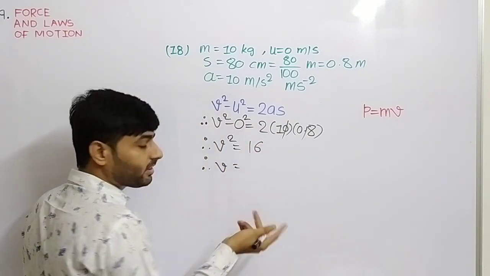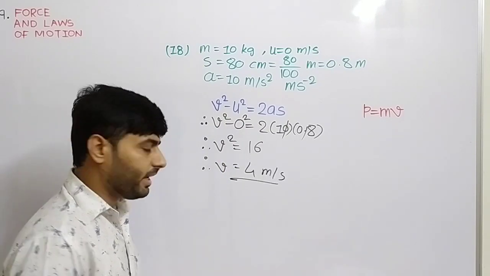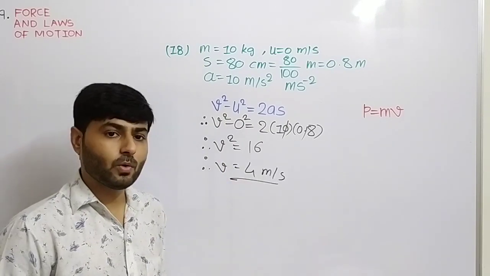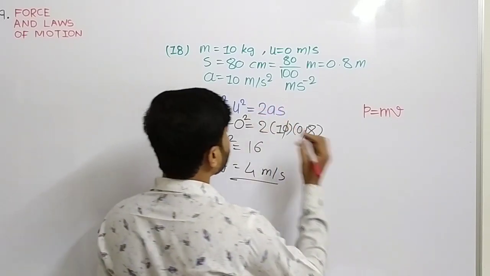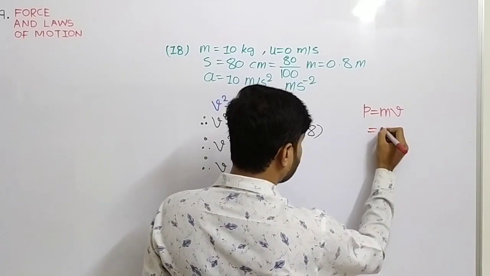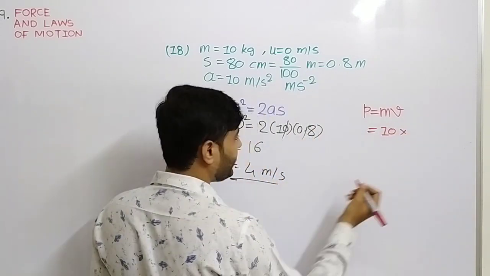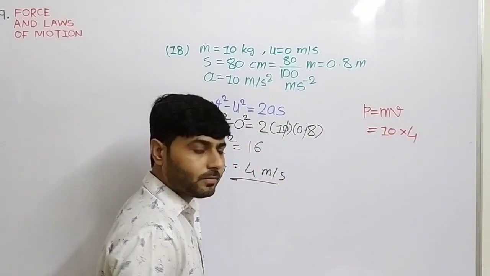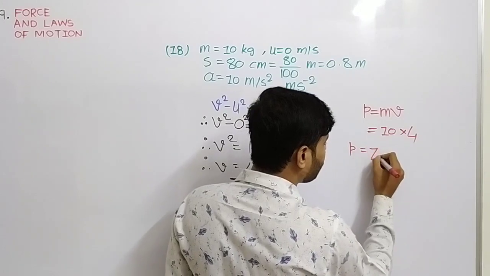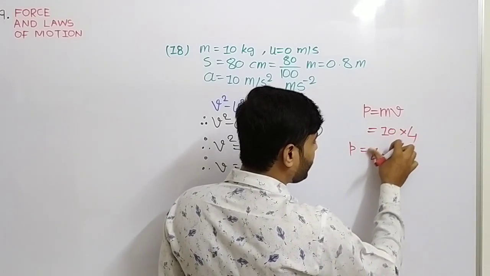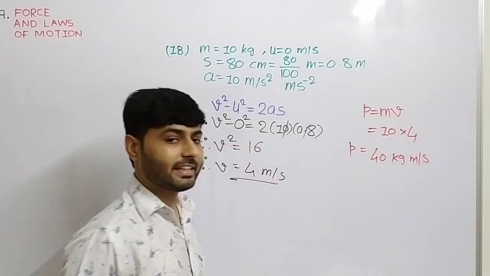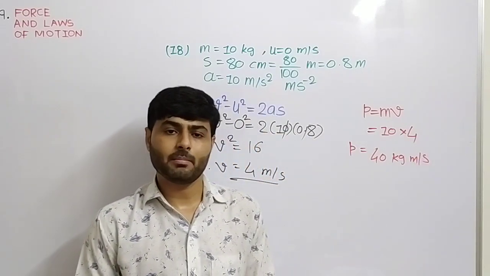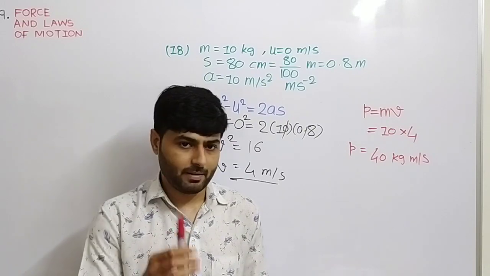Therefore, take the square root on both sides, so we have v is equal to 4 meter per second. Now we have v and mass, so put this data here. Mass is 10 kg multiplied by velocity 4. So we have p is equal to 40 kg meter per second as the momentum applied by the dumbbell.